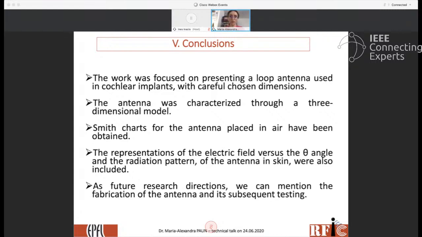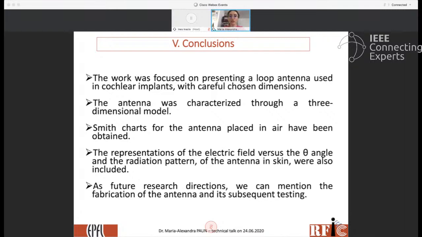These are the dimensions currently employed for this type of cochlear implants. We have characterized the antennas, both the outside and inside one. We have given Smith charts for the antennas and the scattering coefficients for antennas placed both in air and in a tissue layer model.